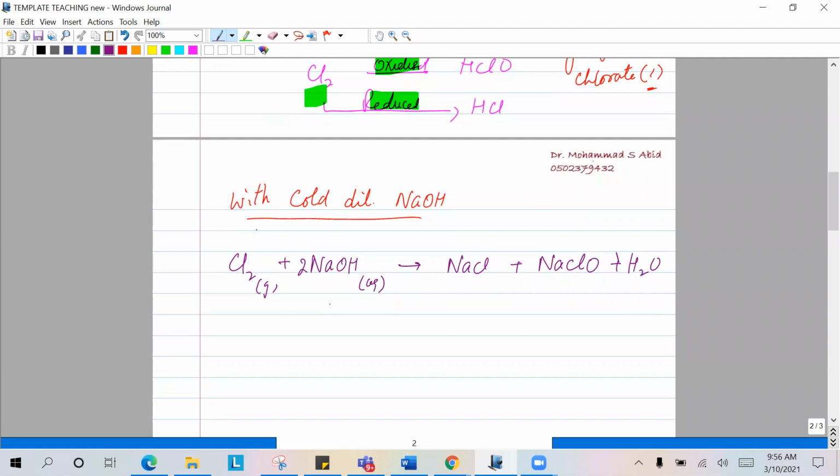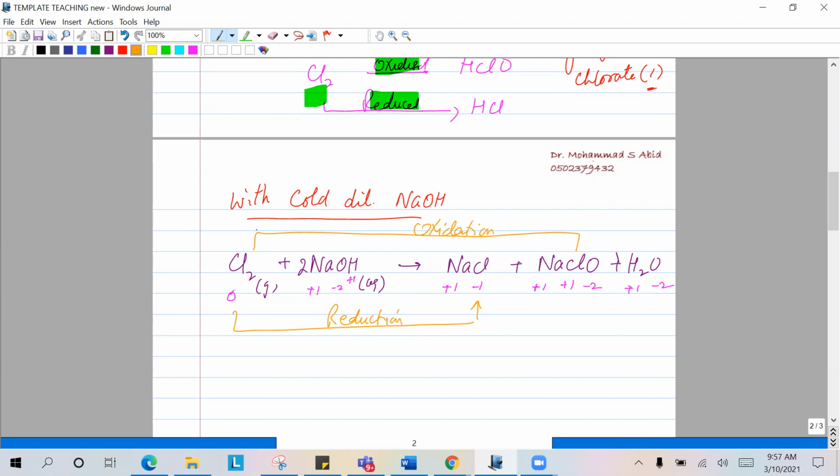How do we know whether it is a disproportionation reaction or not? Chlorine is 0, Na is +1, oxygen is -2, hydrogen is +1. In the products, Na is +1, Cl is -1. In NaClO, Na is +1, Cl is +1, and oxygen is -2, so the total is 0. Chlorine goes from 0 to -1, which means reduction, and from 0 to +1, which means oxidation.